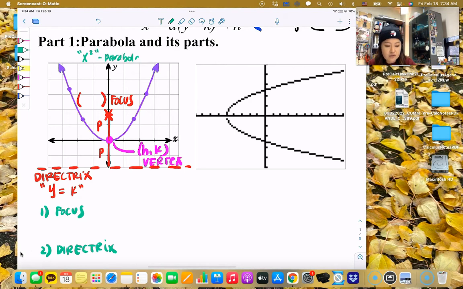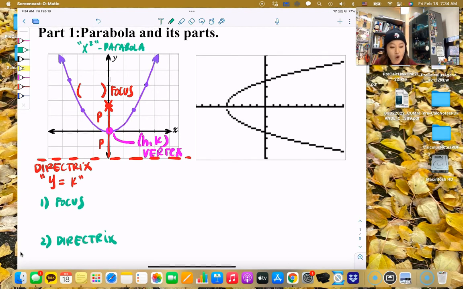So you know it's going to smile or frown, right? I wrote that kind of ugly, so I'm going to rewrite it. So you know it's going to be a smiley face or a frowny face. Now, the focus is always going to be inside the vertex, okay? And you know how the vertex is always HK?